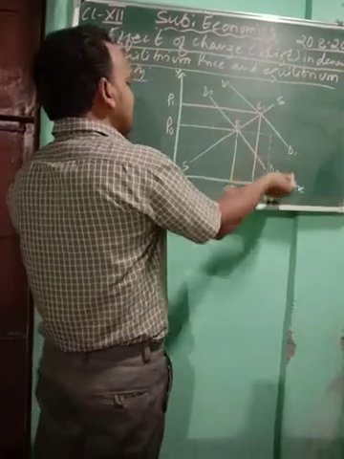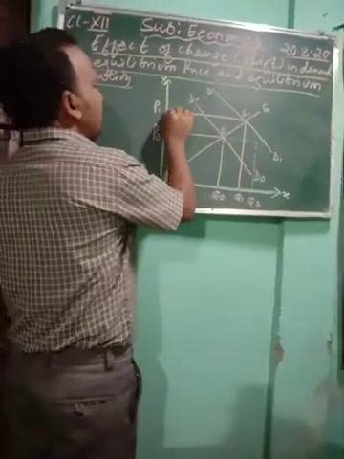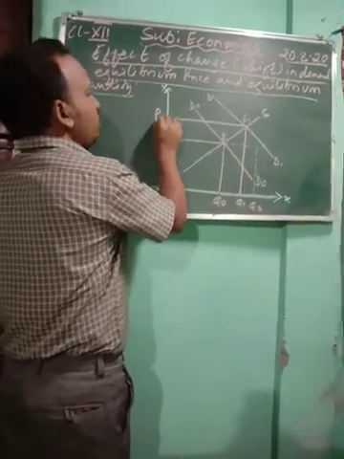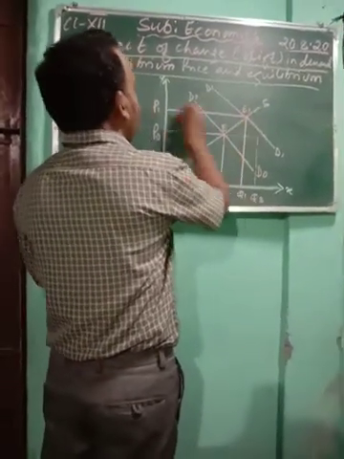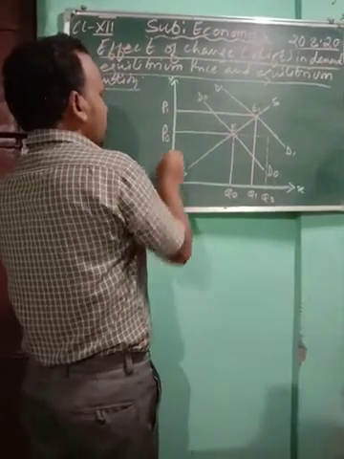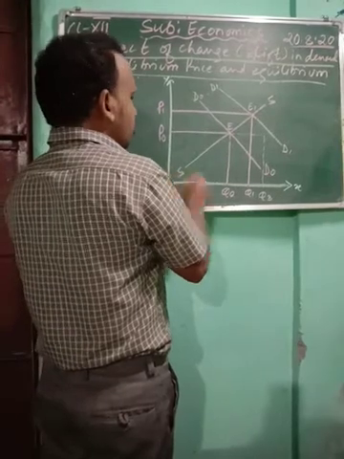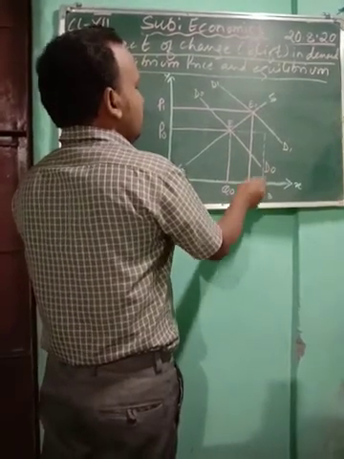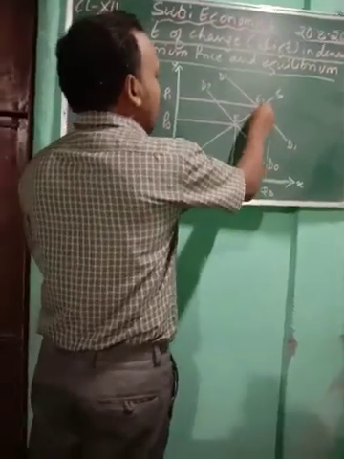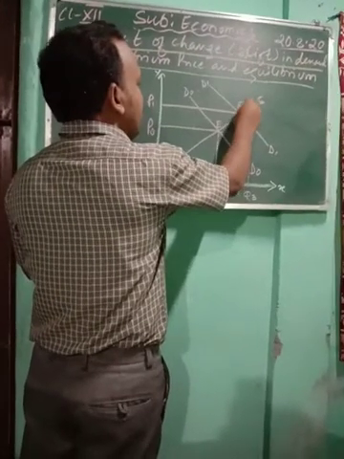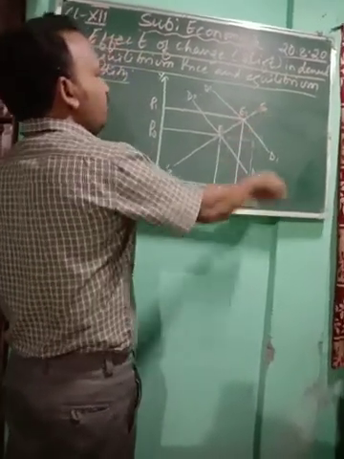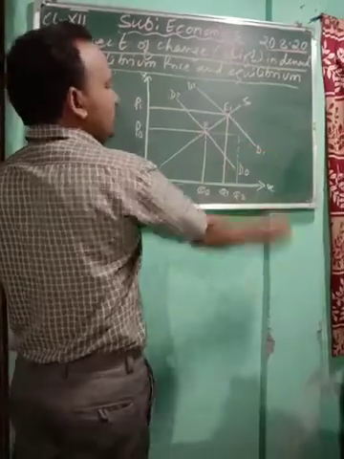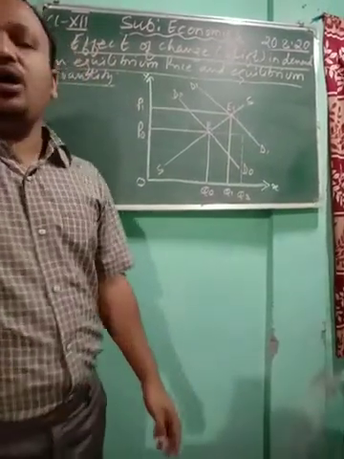When demand started increasing, slowly the price will increase from P0 to P1, and a new equilibrium will form, that is OP1 the new equilibrium price, OQ1 the new equilibrium quantity, and E1 is your new equilibrium, and D1 is the new demand curve.